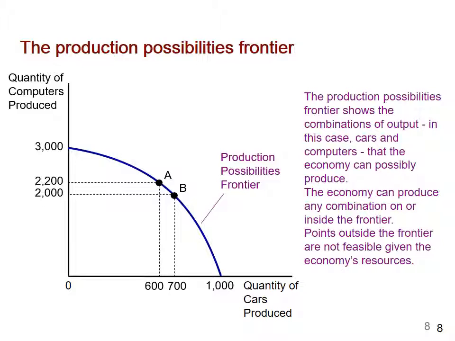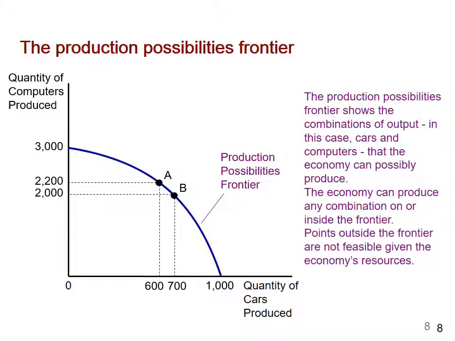Thus this movement from A to B illustrates two key concepts that we talked about in the first chapter: the concept of trade-off and the concept of opportunity cost. To move from A to B, you have to face a choice. The choice is that to get more cars, you have to give up computers.